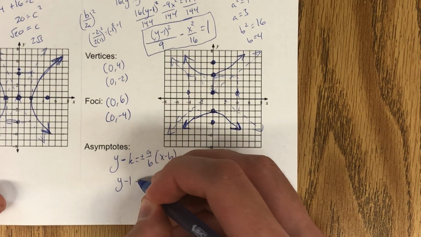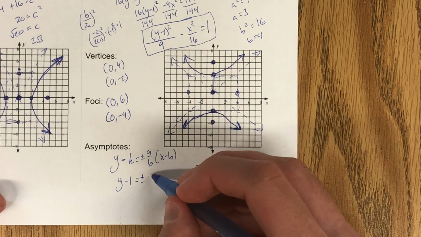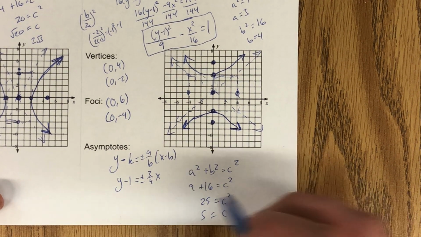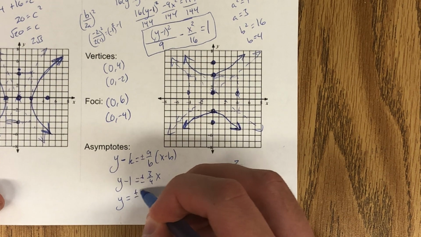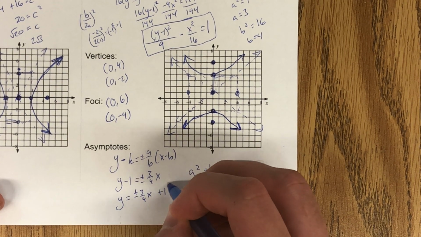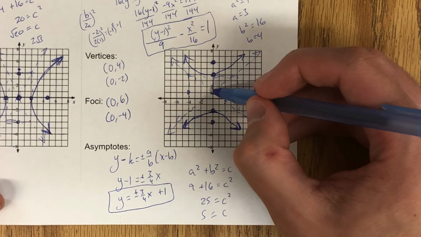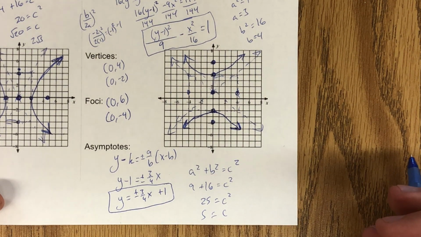So we have y minus 1 equals plus or minus 3 over 4 times x minus 0, so just x. So we'll have y equals plus or minus 3 over 4x plus 1. So from 1, we go up 3 over 4 or down 3 over 4. Yeah, that checks out. And there we have it.